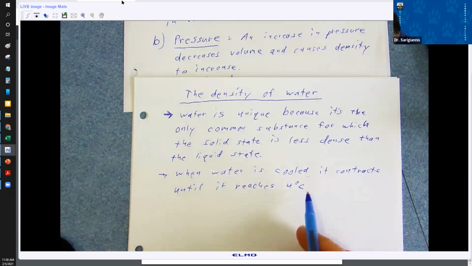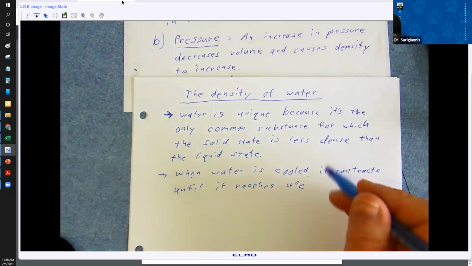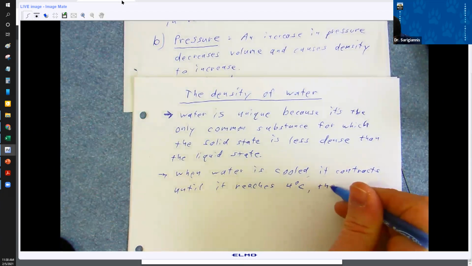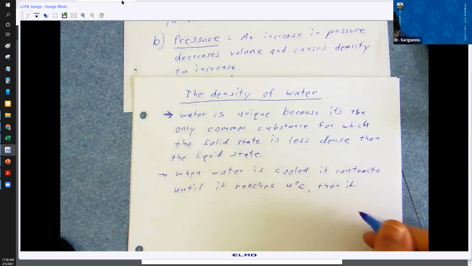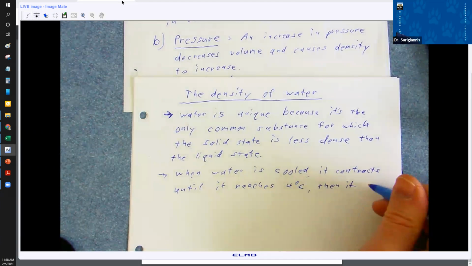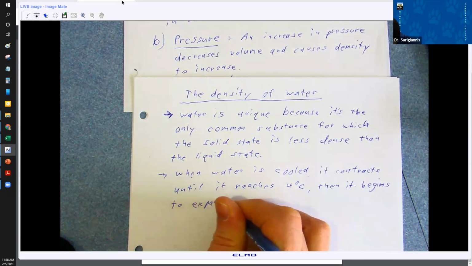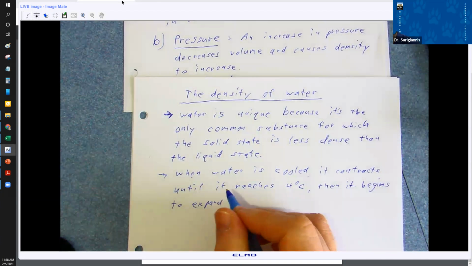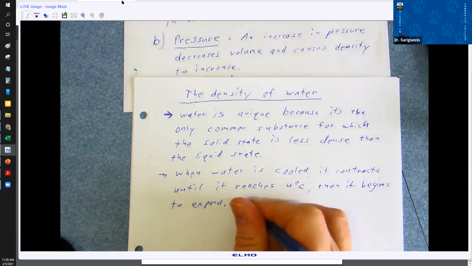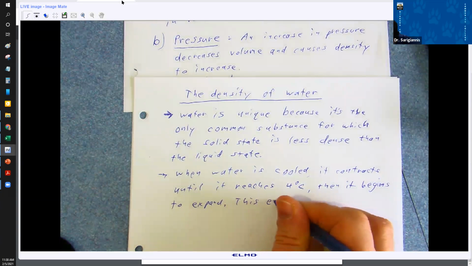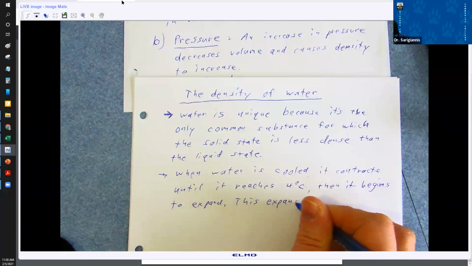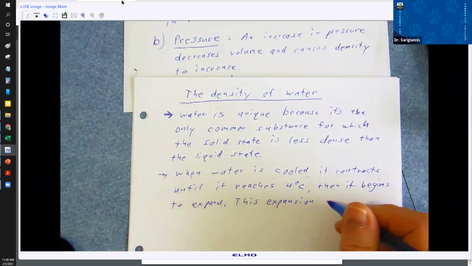And then when it hits 4 degrees C, it begins to expand, and this expansion decreases its density.